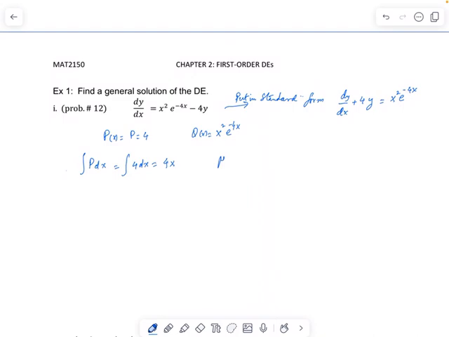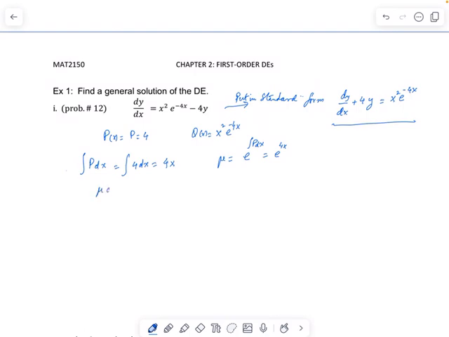So it just gives me 4x. So what will be mu? Mu will be e to the, remember, integral of p dx. But we found that integral of p dx is 4x, so we get e to the 4x. That is your mu.